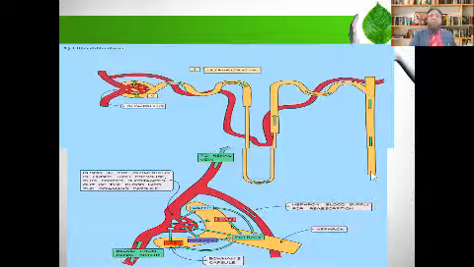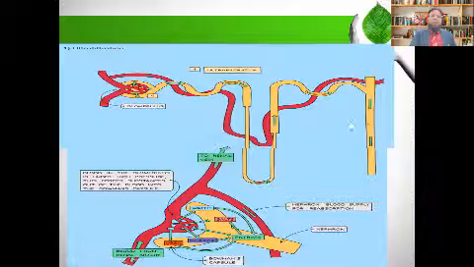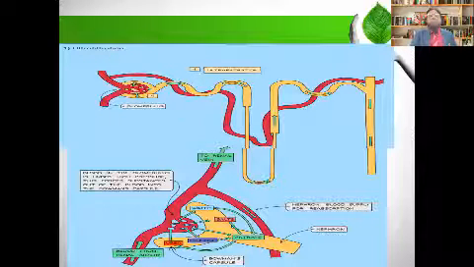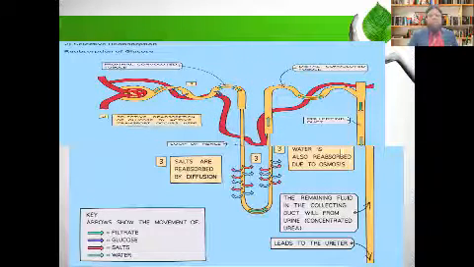All these collecting ducts open into the pelvis, and the pelvis opens into the ureter, as you can see here. And the ureter goes to the urinary bladder, from where the urine passes out through the urethra. So the same diagram you can see here.